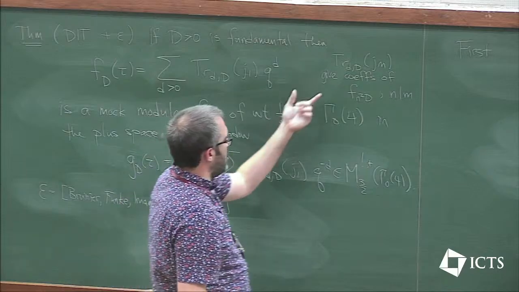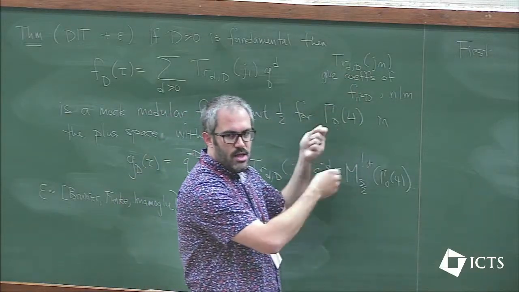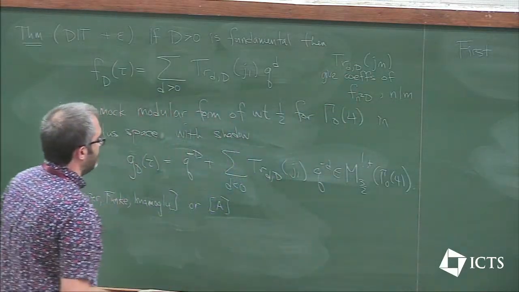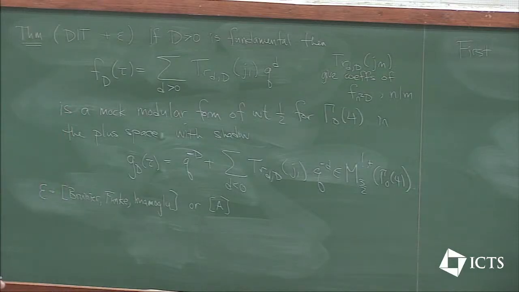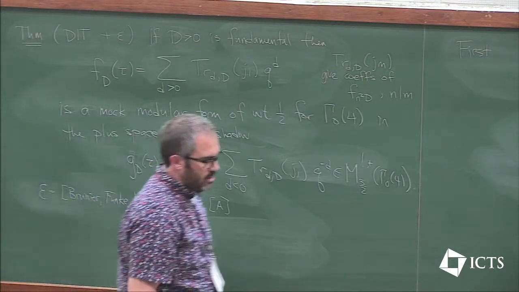And these traces are not exactly the coefficients, they're sums. They're like divisor sums of these things. So it's a bit more complicated, but you can look in the paper for the exact statement.